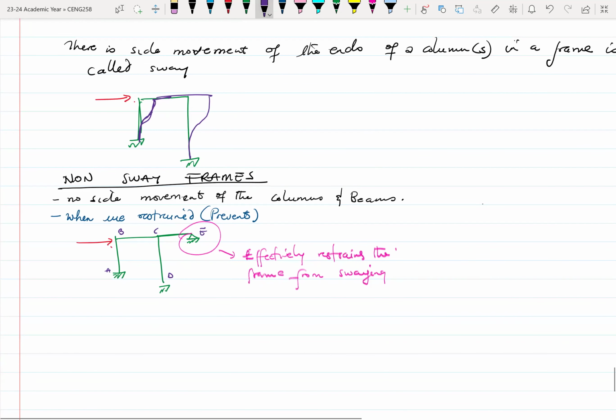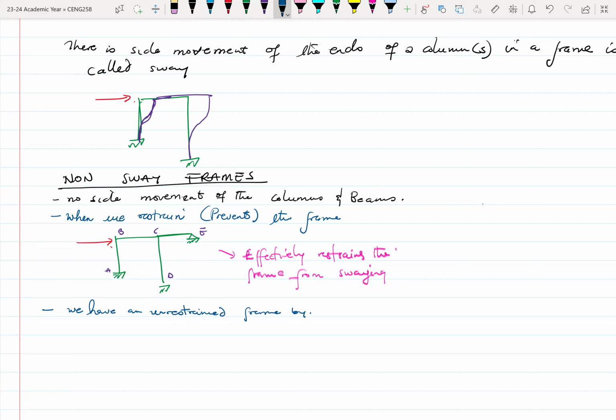Then in some cases also, let's say we have an unrestrained frame. Sorry, let me just go back and complete the statement. Right, so now back to what I was typing. When we have an unrestrained frame, but there's a big but, the loading on the frame is symmetric.